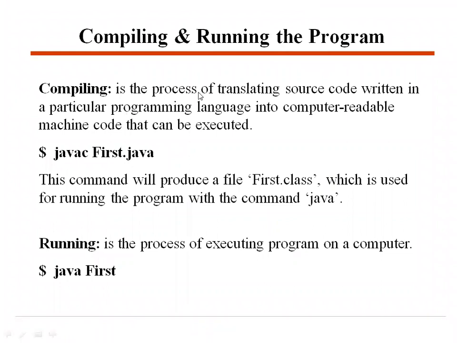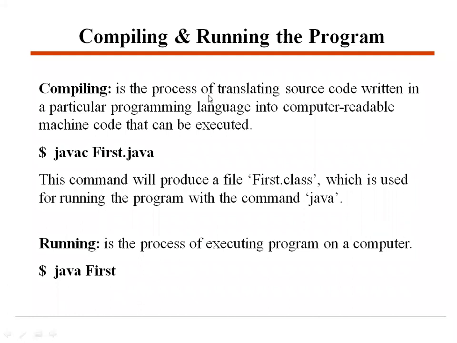Compiling is the process of translating your source code written in some programming language. Here our programming language is Java; it can be C or C++. A program written in some programming language is called source code.